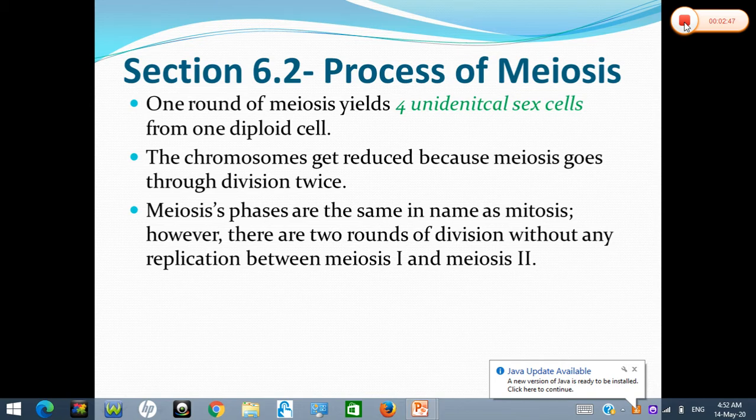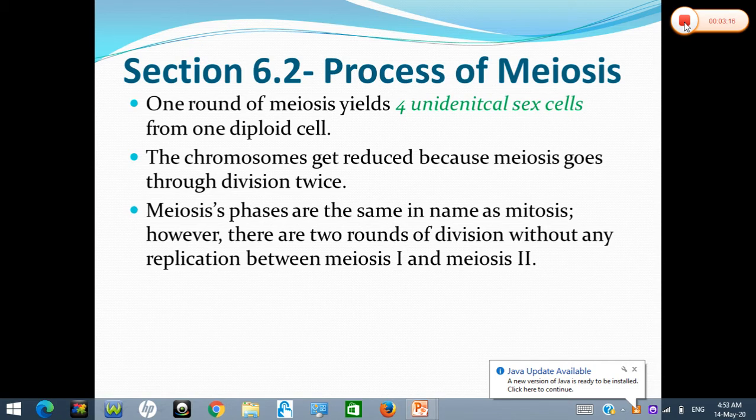For example, in the case of a male, the testicle contains the total number of chromosomes, so it is diploid. It will undergo meiosis division into sperm cells. The sperm cells contain half the number of chromosomes, which is haploid.